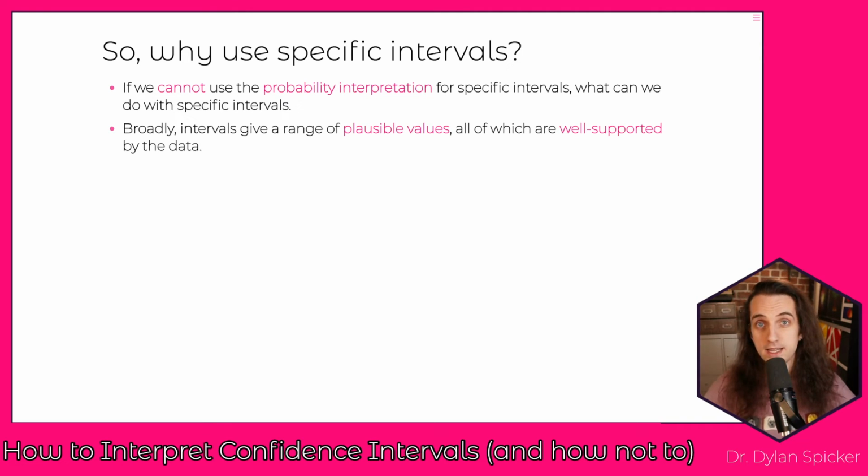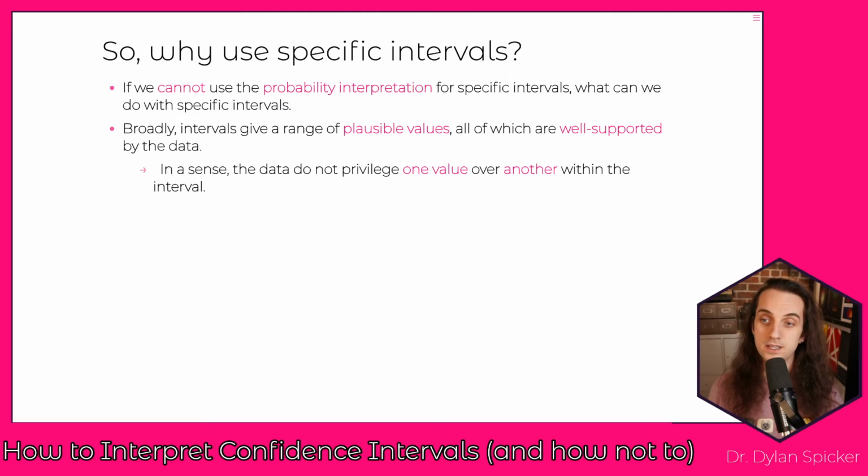What I would say is that broadly, the intervals give a range of plausible values, all of which are well supported by the data. So in a sense, the data aren't picking between the different values within the interval. Any value in the interval is an equally good representation of the truth.